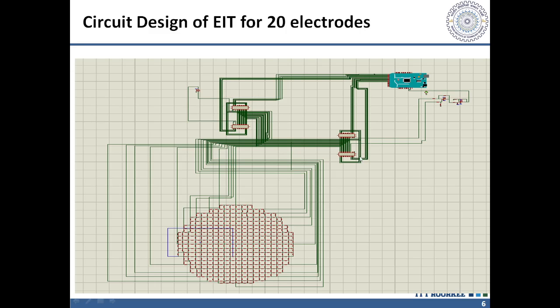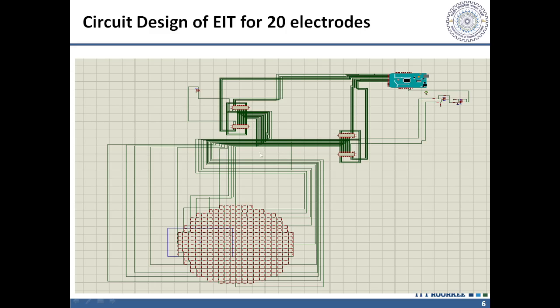I have used the 1:32 demux, where I will use only 20 pins, because my electrode has only 20 wires. This is the current source, and this multiplexer will get commands from this Arduino. And this is the differential amplifier, and this is the gain amplifier, which is connected to the Arduino.